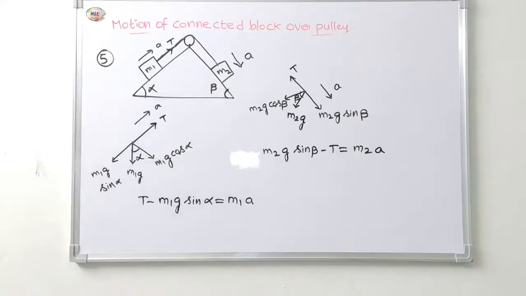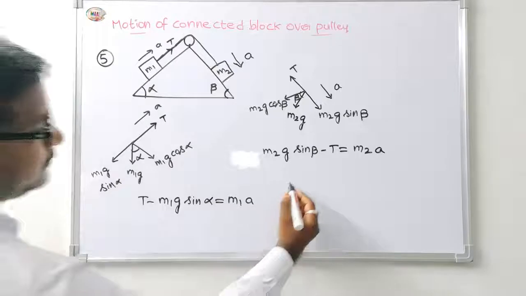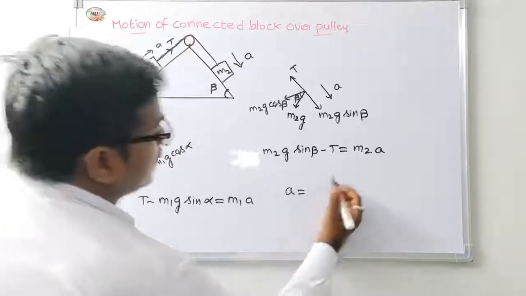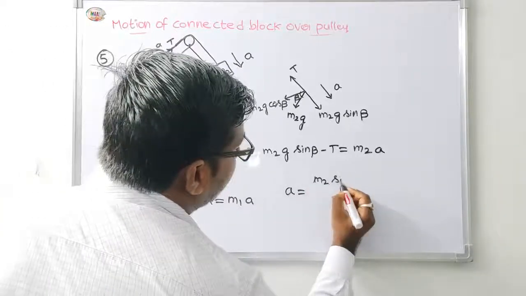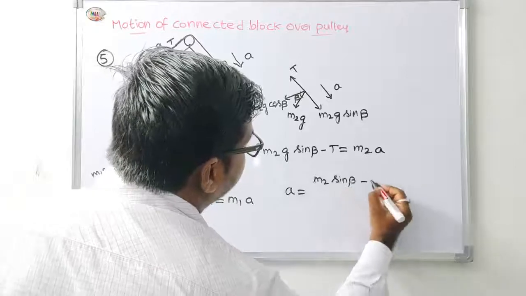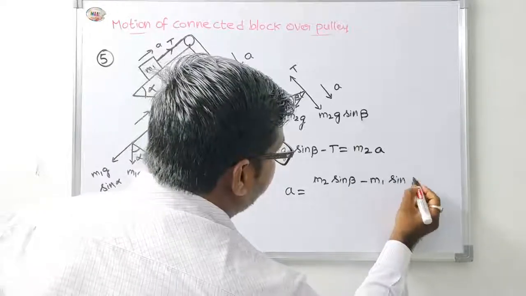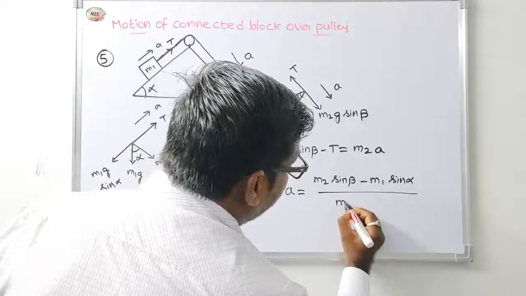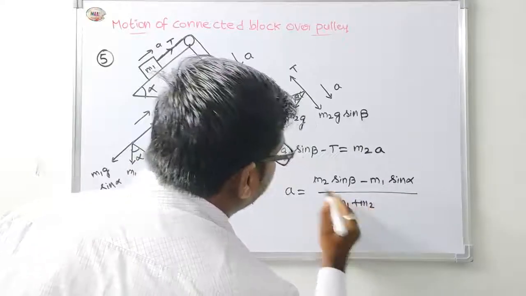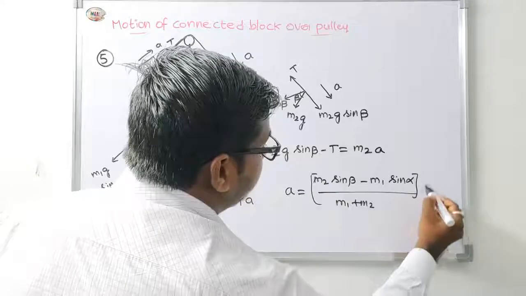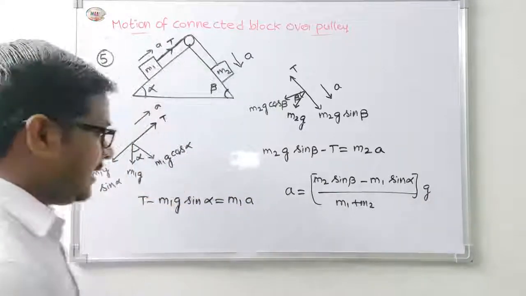Then the acceleration A is equal to (M2 sin beta minus M1 sin alpha) by (M1 plus M2) into G. This is the acceleration.